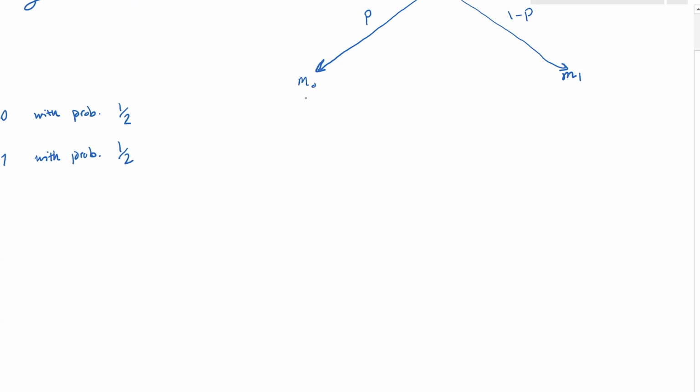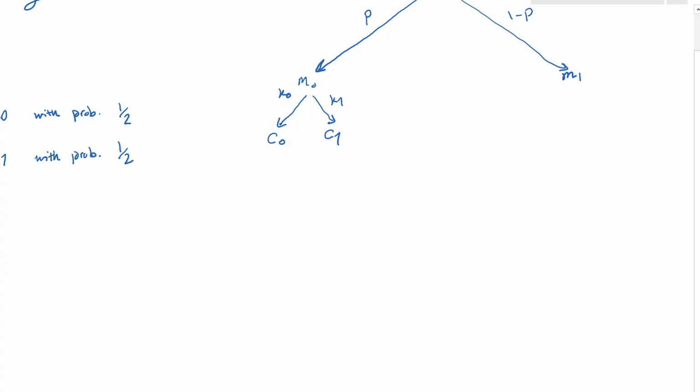We encrypt the message using key K0, or depending on the key: if the key is 0 and the message is 0, maybe we get C0, and otherwise we get C1.